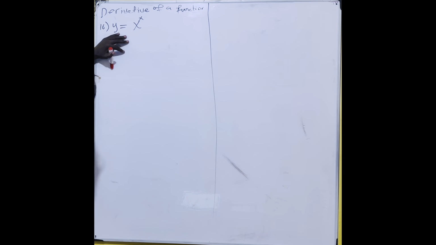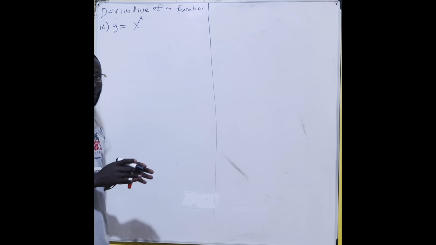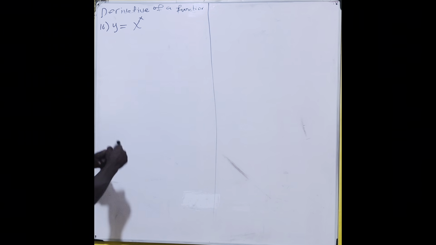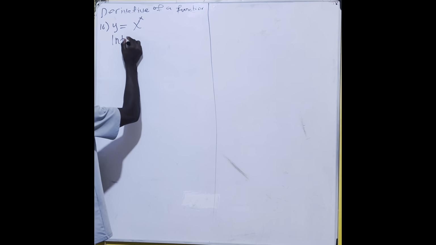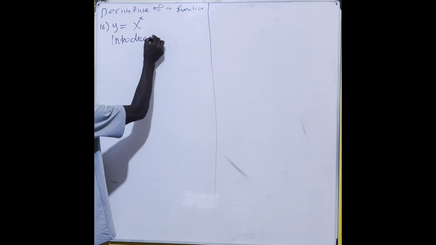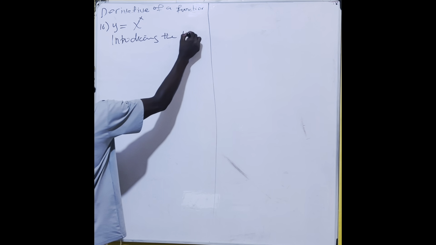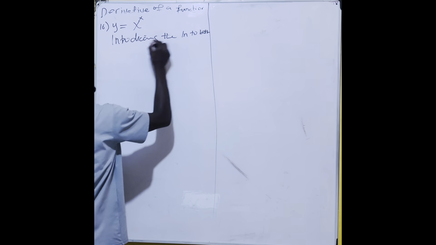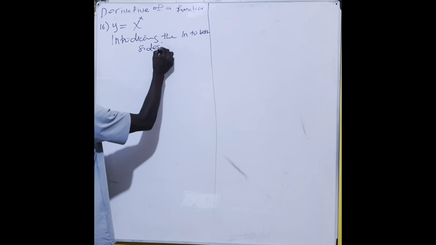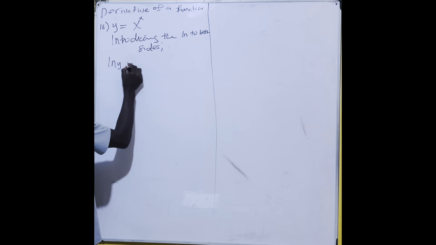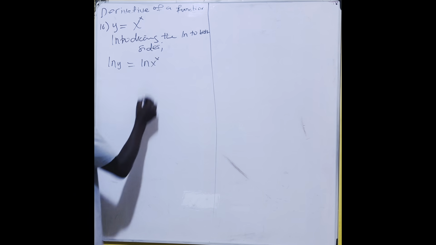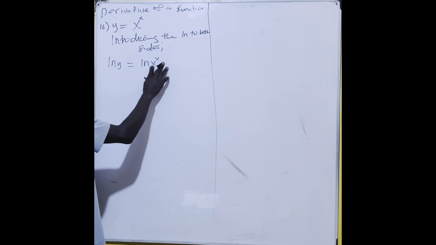With question number 16, we want to find the second derivative of this particular function, y equals x to the x. First of all, we have to apply the natural log function. So introducing the ln to both sides, we have ln y equals ln of x exponent x.